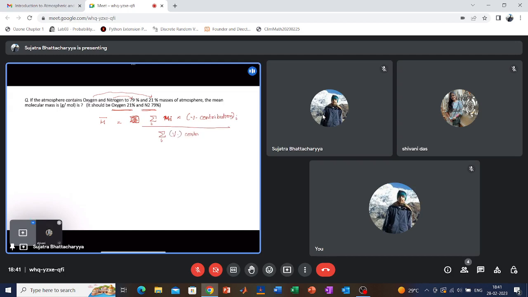So the sum total of all the percentage contributions. Fine. Now m bar, the mean molecular mass.